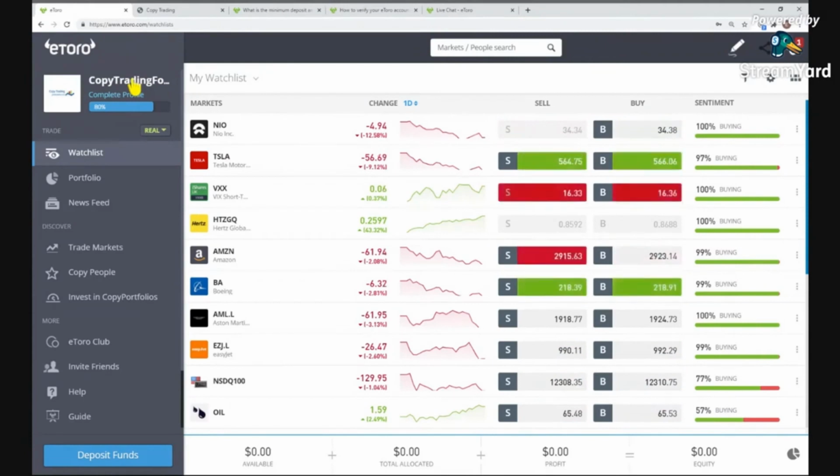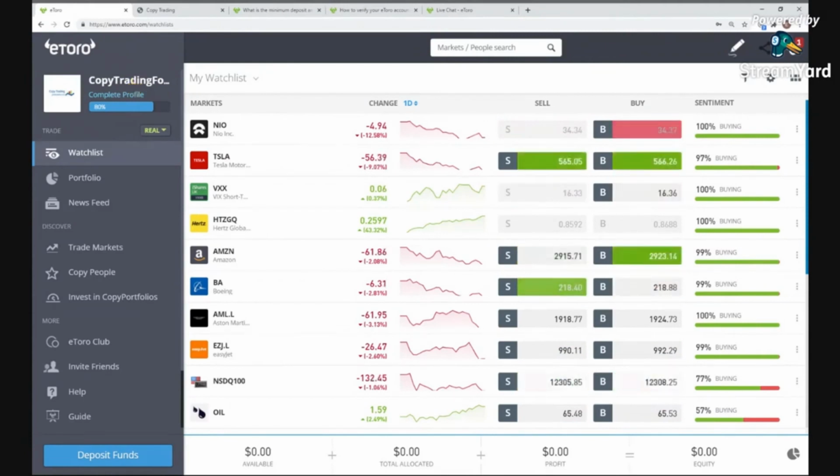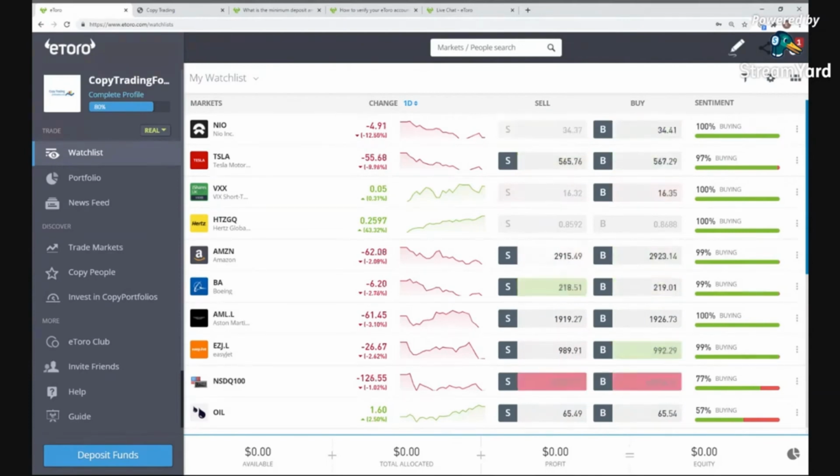I'm going to use this account for long-term trading and swing trading. And maybe in the future, people can copy me if I sign up for the Popular Investors program. But let's see, for now, I'm just going to start off having the second account. You can have two accounts on eToro.